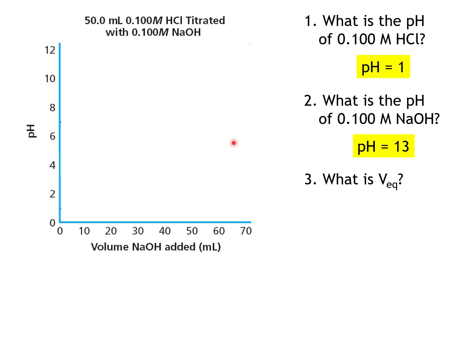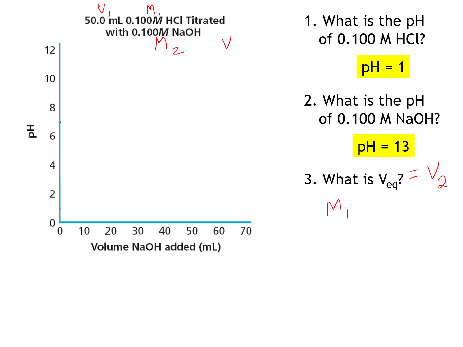Now you want to know what the equivalence volume is. And so up here at the top, whoops, oh come on. There we go. So there's our V1, there's our M1, and then here's our M2, and we're looking for what this is, put it down here, which is V2.